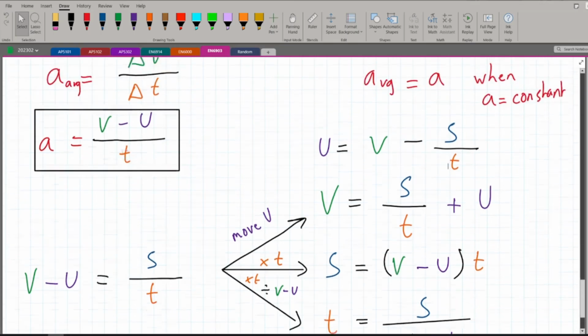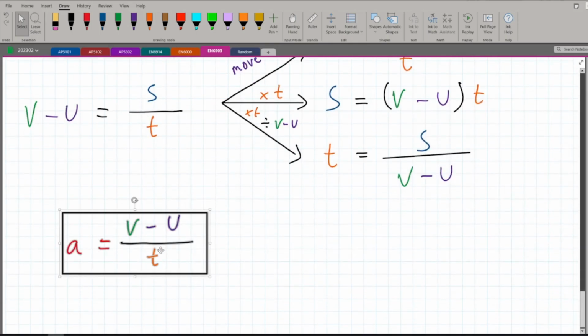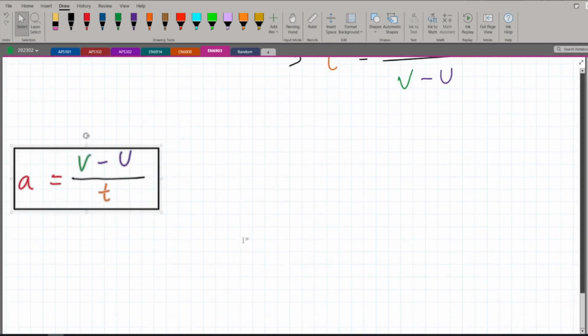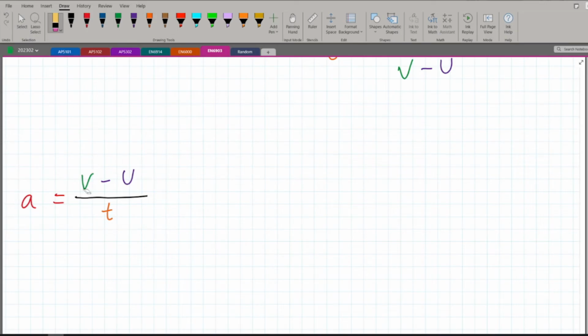So now we have looked at the first equation. Let's look at the second equation, which is the acceleration equation. Again, you can do the same thing with the acceleration equation. You can find different ways of relating it with each other. The first thing we can do, for example, is multiply by t.